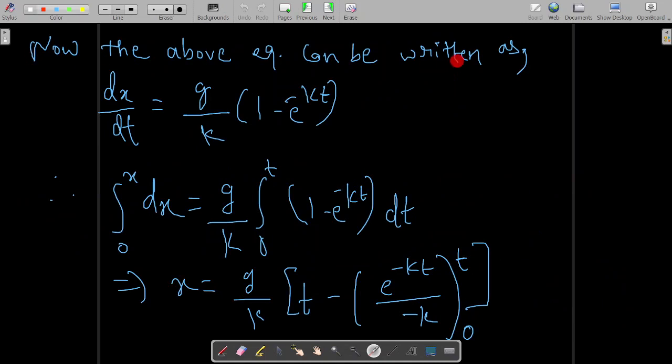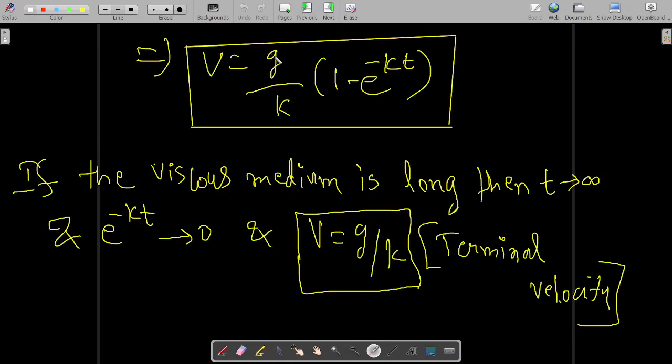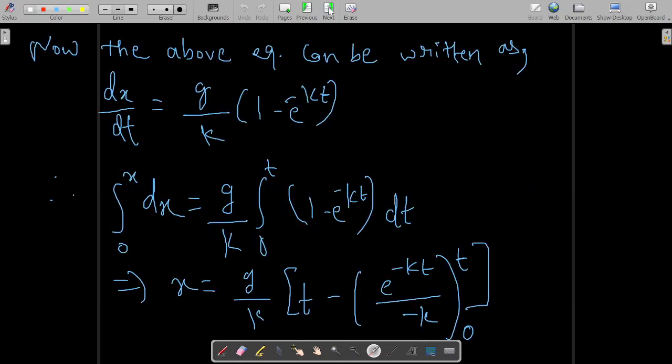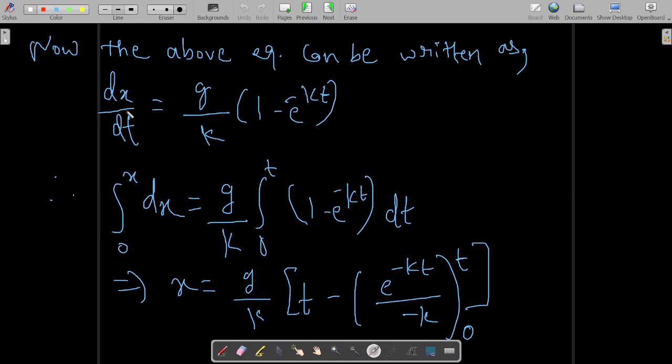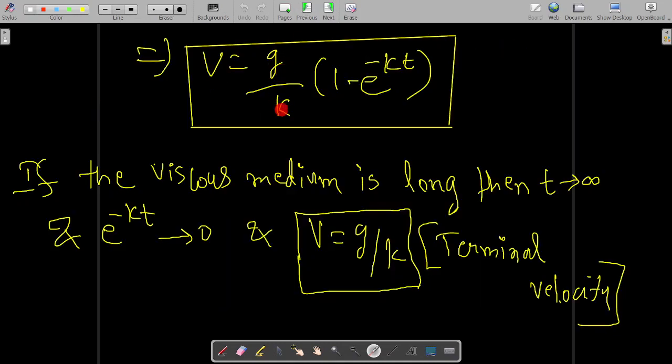Now the above equation can be written as, how can it be written? Your v can be written as dx by dt, because velocity is equal to rate of change of displacement. So dx by dt equals g by k times 1 minus e to the power minus kt.